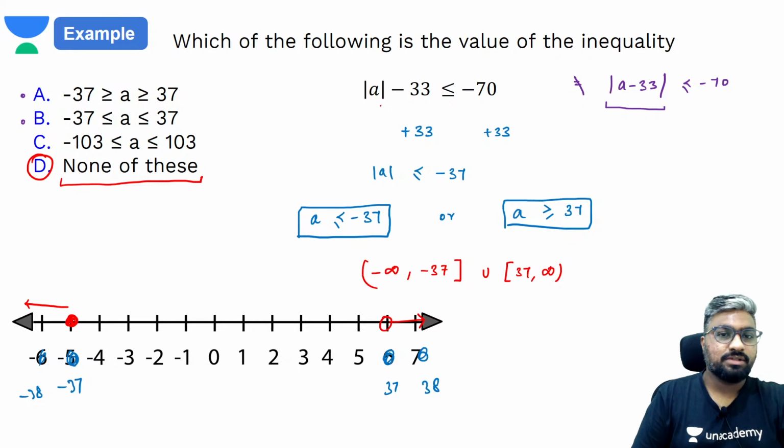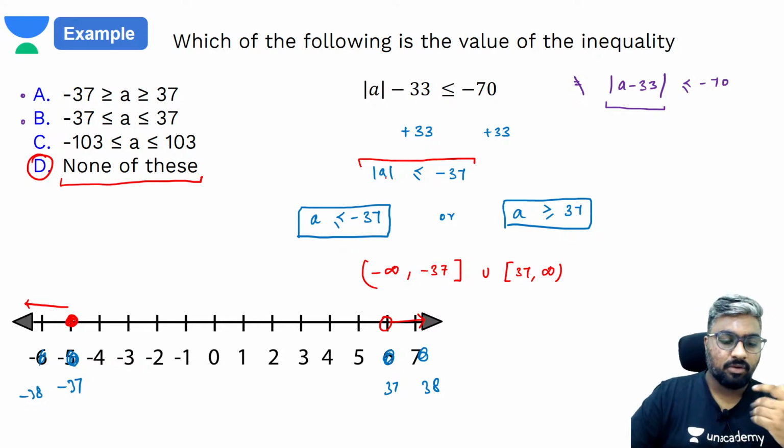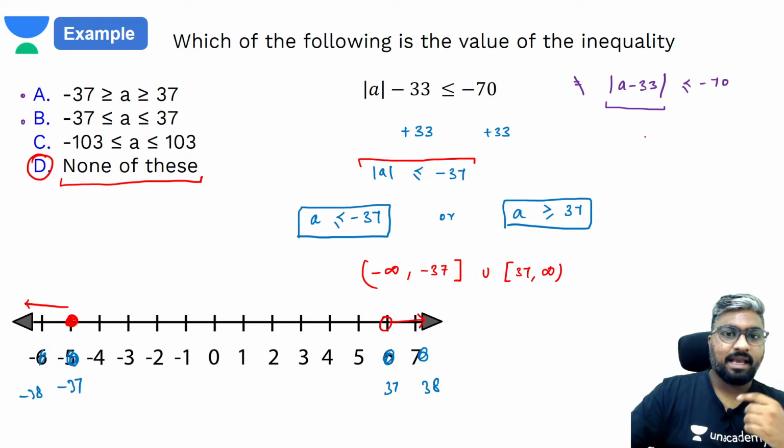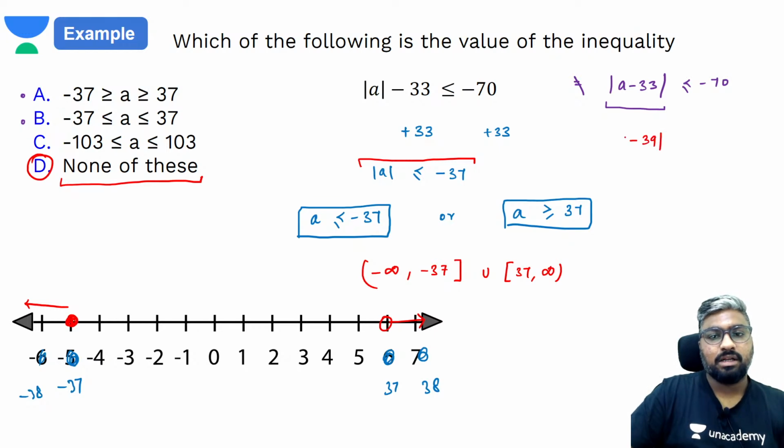You can also do this using logic, basic common sense. Look, modulus of a must be less than a negative number. Is it possible to have a solution, guys? Is there any solution possible here? Modulus of some number should be less than or equal to minus 37. Whatever value you put inside the modulus, you will always end up getting a positive value. Agreed? Yes or no? Let's say I put minus 39, modulus of minus 39 becomes 39, and this should be less than minus 37.